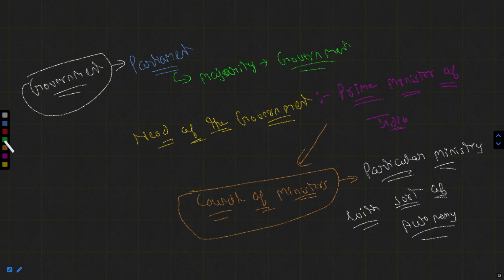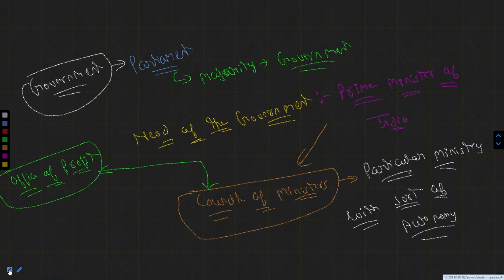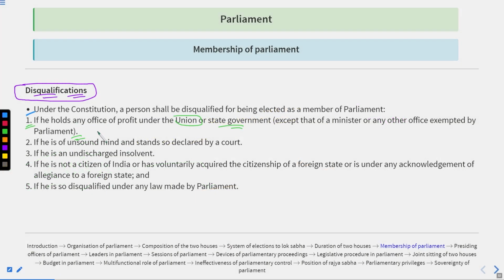Okay. And out of these ministries, some of the ministries are offices of profit. Like the railway ministry, transportation ministry, atomic energy ministry, and so on. So if the person is holding any of the ministries and is part of that particular council of ministers, then the person will not be disqualified on this ground.